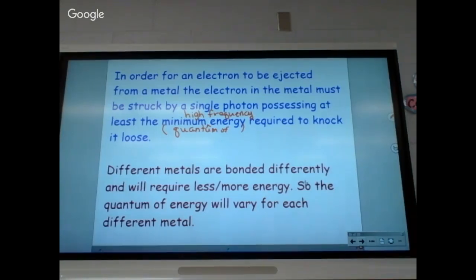This is the question I was going to ask: you said that it can't be any type of light, so what type of light does it have to be? What type of light does it take to knock it off? Well, it won't necessarily be visible light. It's just got to be a type of energy that's got a high enough frequency, but it's not going to be visible light.